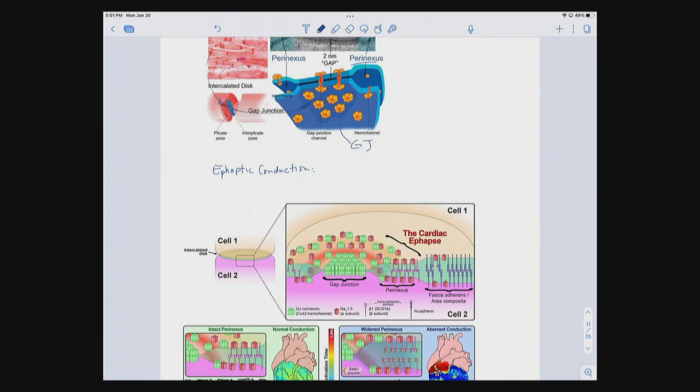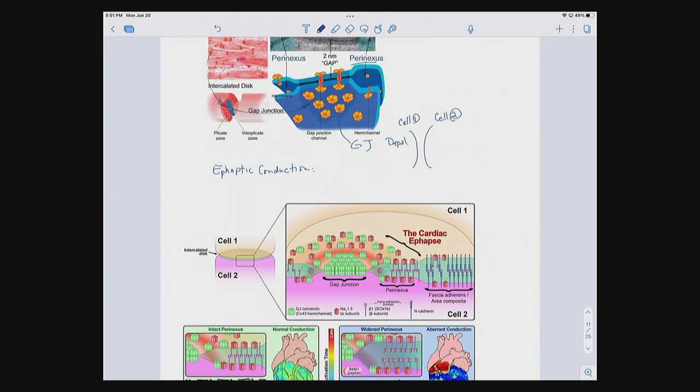So the way this works is, and I'll try to cartoon it out for you. Suppose we have a cell here, cell 1, and then over here we have cell 2. And suppose you have some type of depolarizing event in cell 1. So that means that the membrane potential, of course, has changed. And so the depolarization in cell 1 creates a change in the electrical field around it.